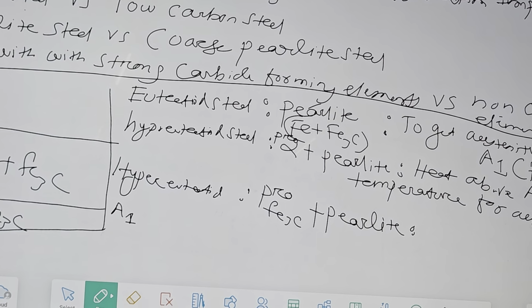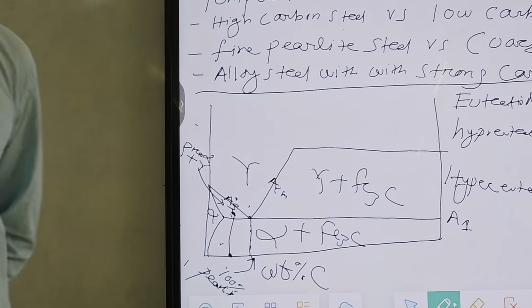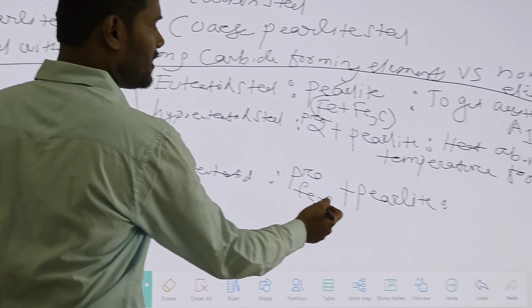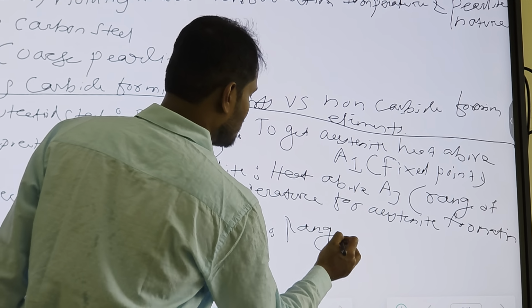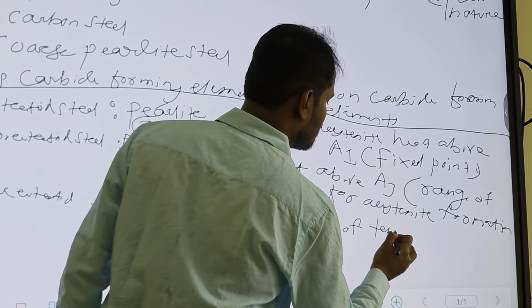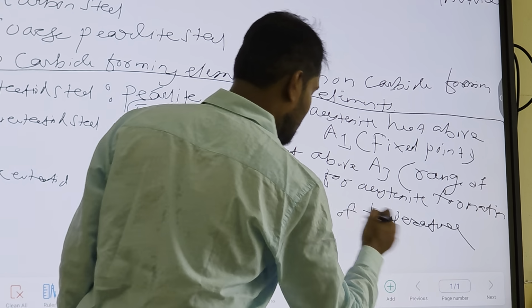Since this is pro-eutectoid alpha, this side you can say is pro-eutectoid cementite. So pro-eutectoid cementite plus pearlite. So again you have a range of temperature for austenite formation.